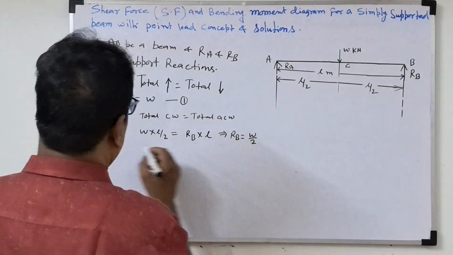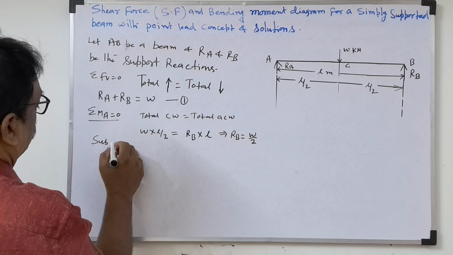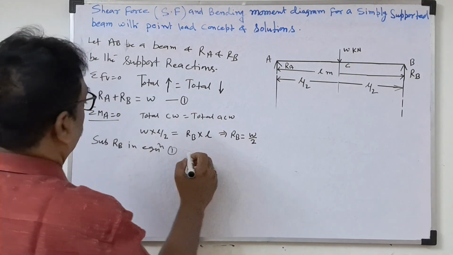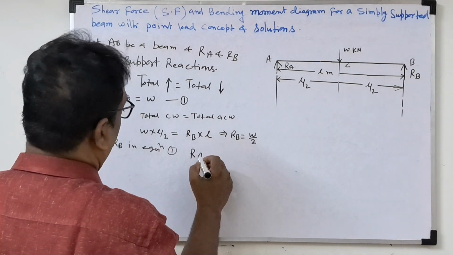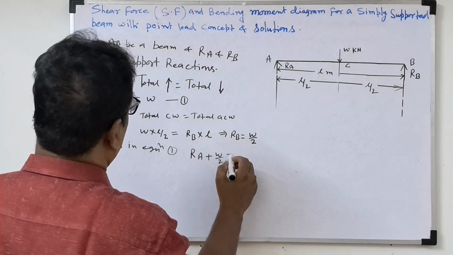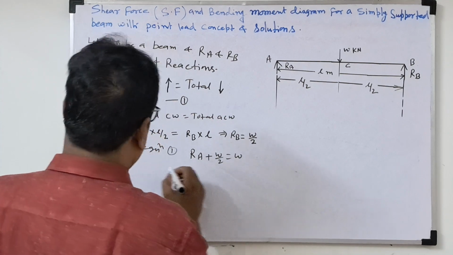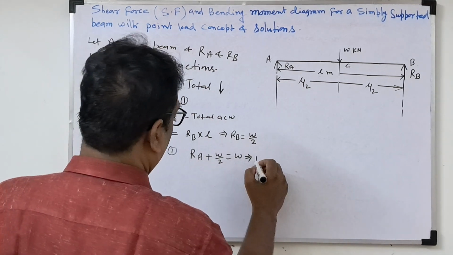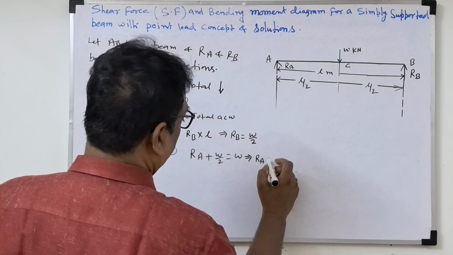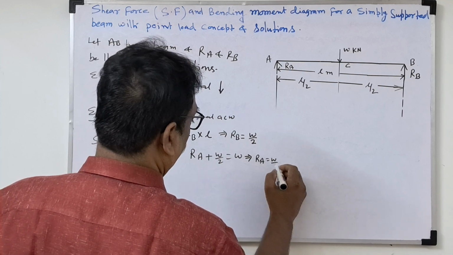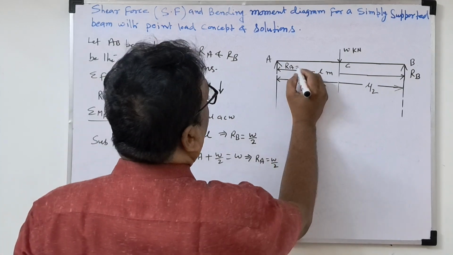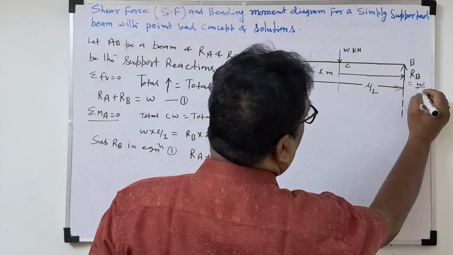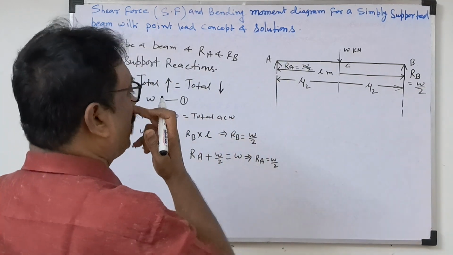Substitute RB in equation 1. RA plus W by 2 is equal to W. So RA is equal to W minus W by 2, so RA is W by 2. RB also is W by 2. So W by 2 we got it.